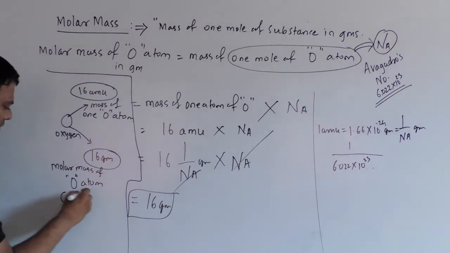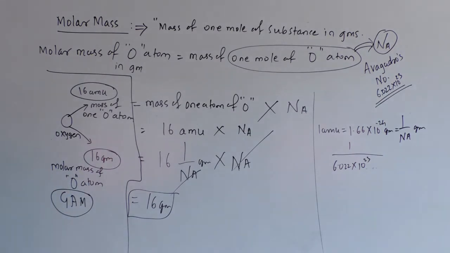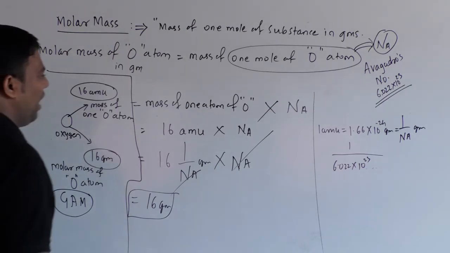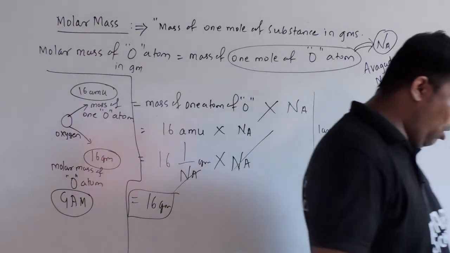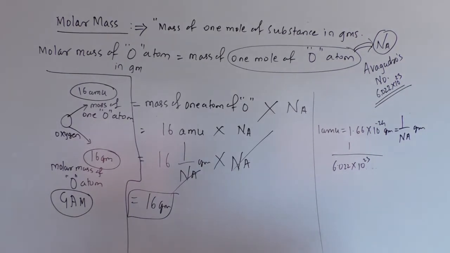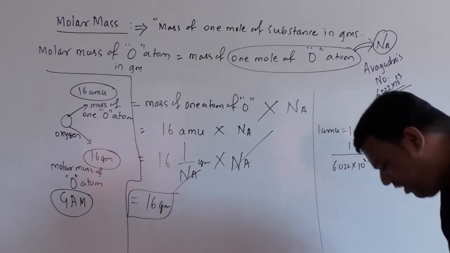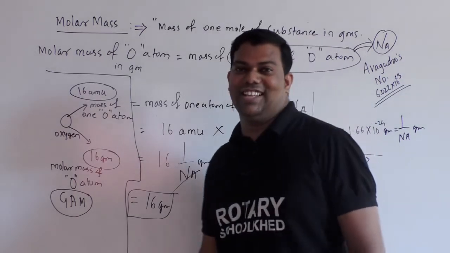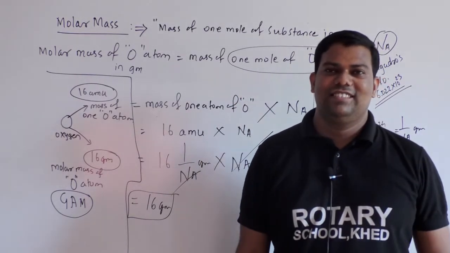Gram atomic mass. ह्यात 16 ग्रॅम ऑफ जे काही आहे मोलार मास त्याला आपण काय म्हणतो? ग्रॅम ॲटॉमिक मास. ठीक आहे. So I hope you understood this all clearly. So beta you have to write this. It is very very much important. It is a basics. Okay, that's why it belongs to our first topic, that is some basic concept of chemistry.